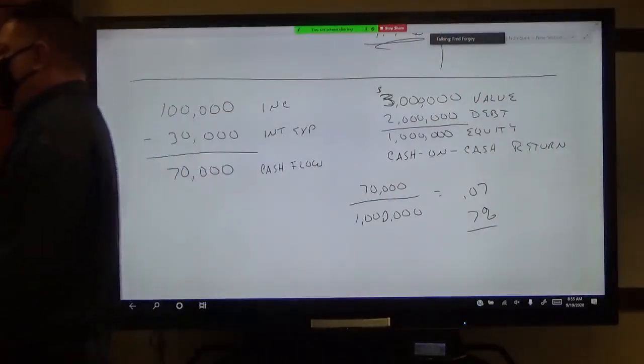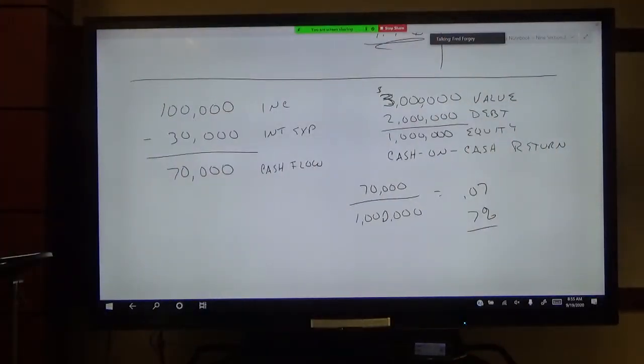Now what you're also going to see this referred to as is our before tax return on equity. Same thing, okay, it's just another name for it. Cash on cash return, before tax return on equity, basically the same thing.